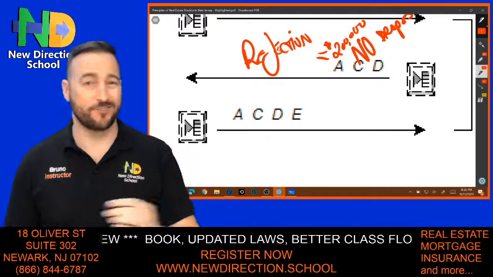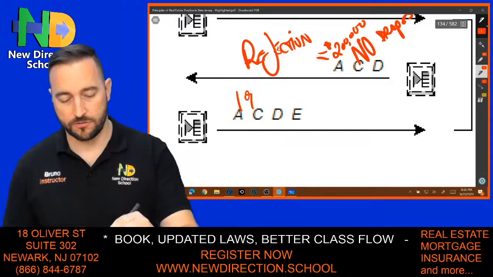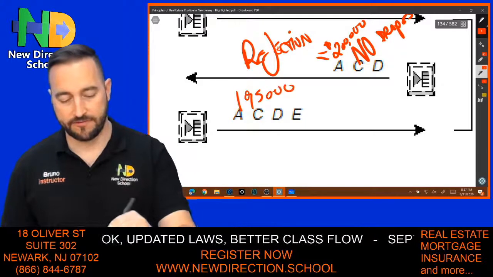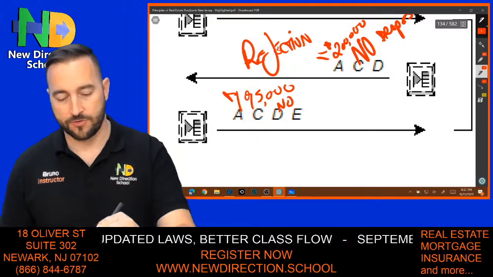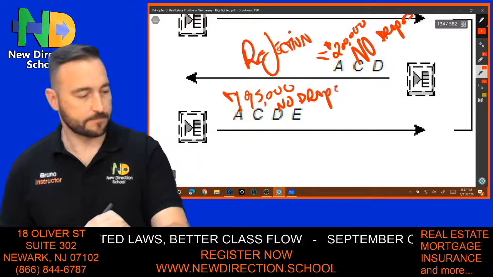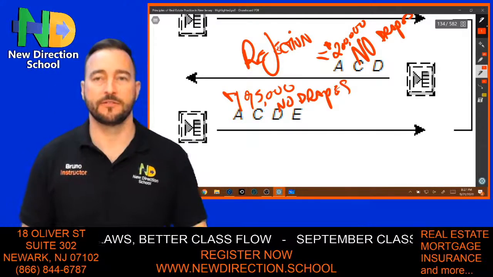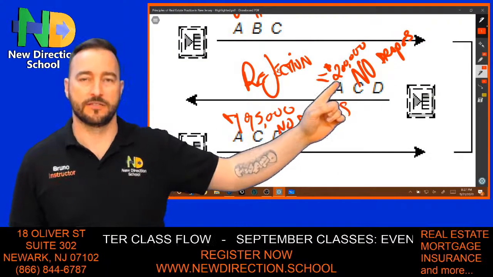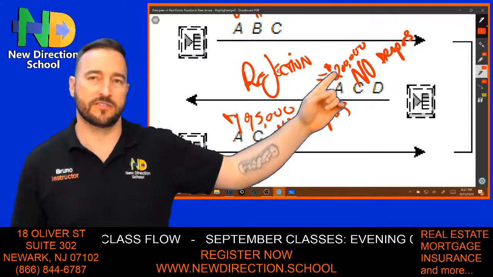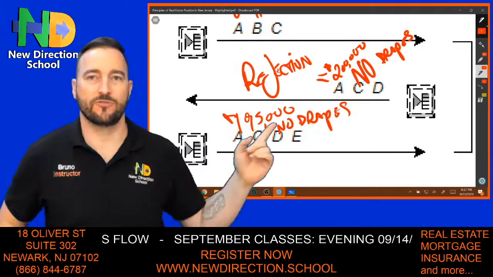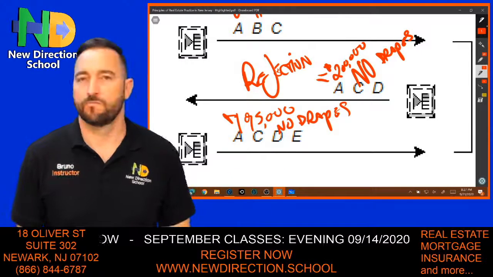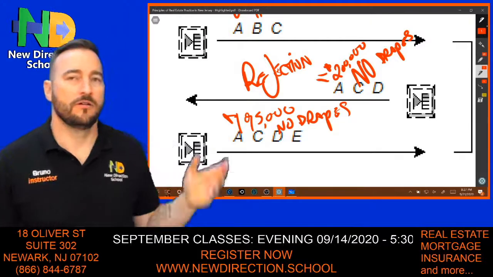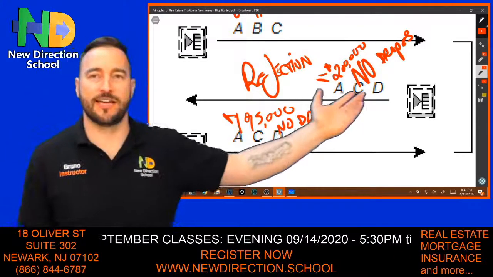If that's the case, no drapes, I'll do 195, and I agree to the no drapes. What just happened? Does the seller have to accept this one right here because the seller made a counter? Do they have to accept this? No. So now the buyer rejected the seller's counter.